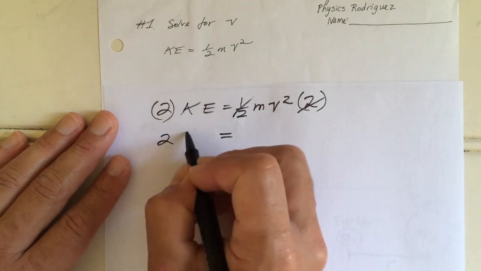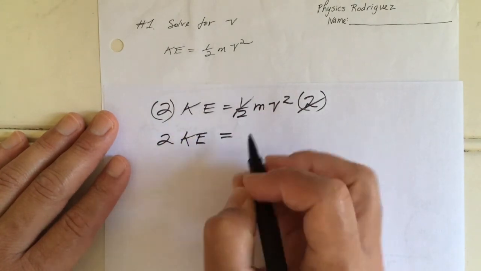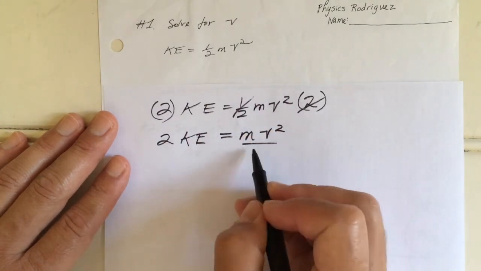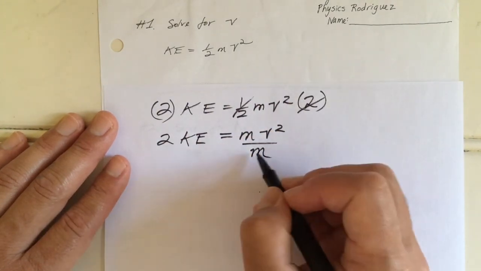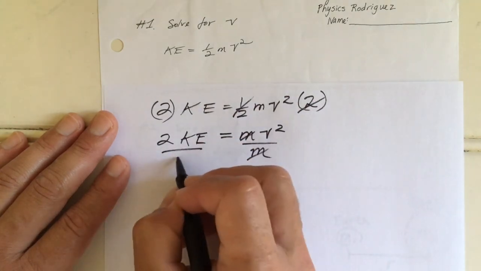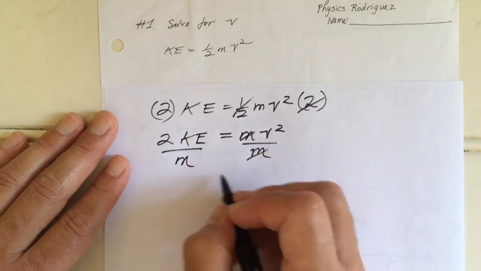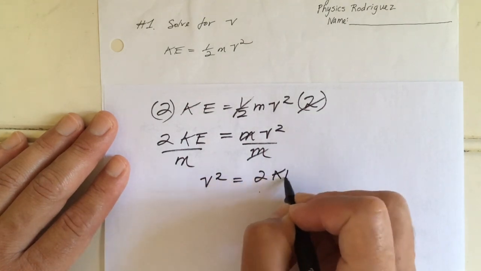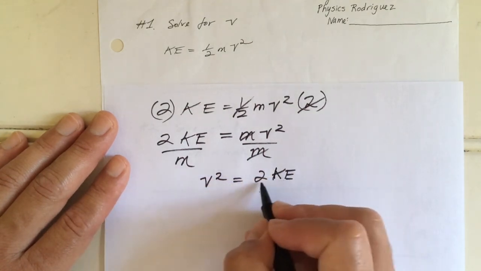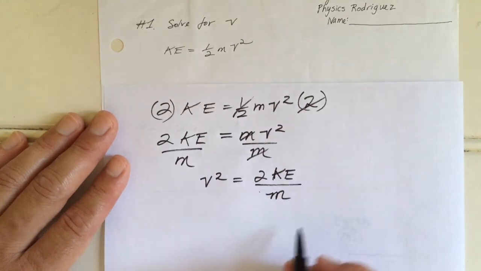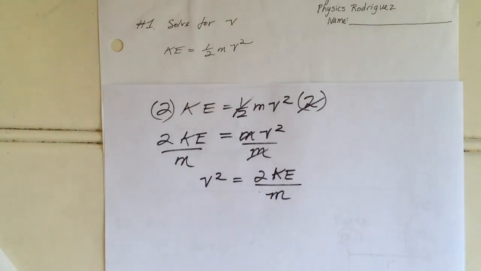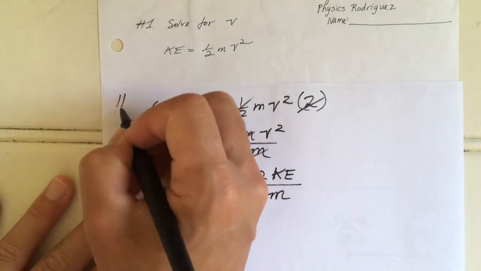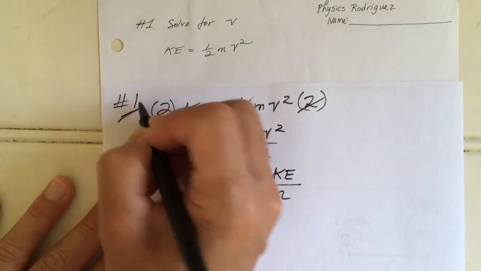So we get 2 Ke is equal to mv squared. We'll then divide both sides by m. All right, simple enough. We'll then be left with v squared is equal to 2 Ke over m. What do we do now? Well, we got this squaring here, and this is something that has to be dealt with, so we cannot leave it that way.